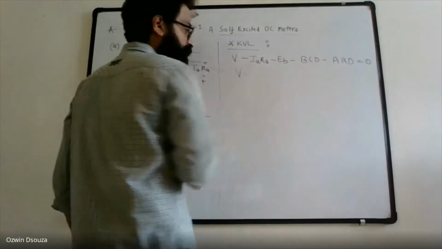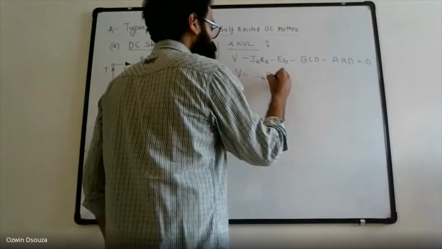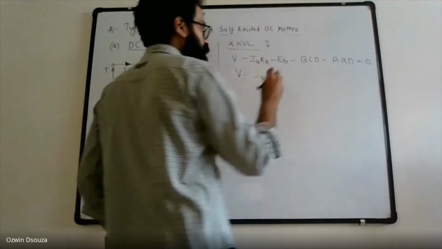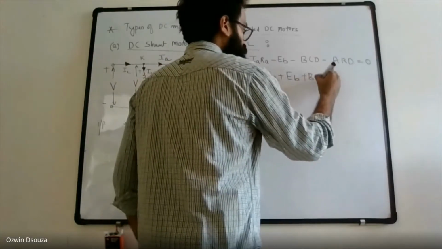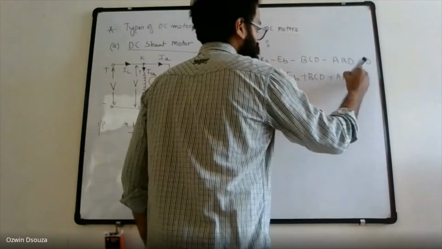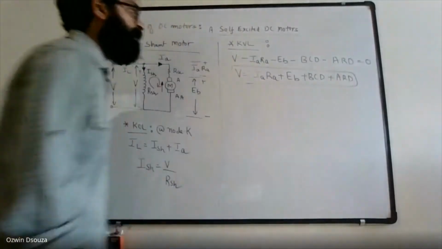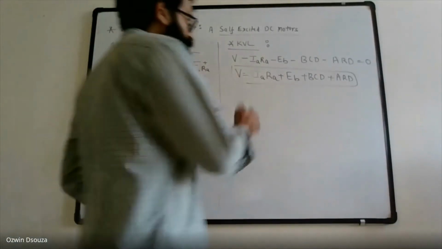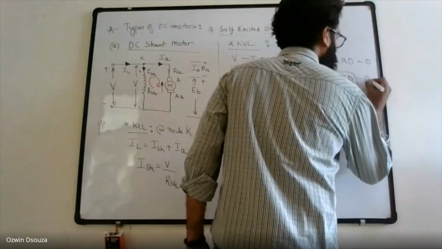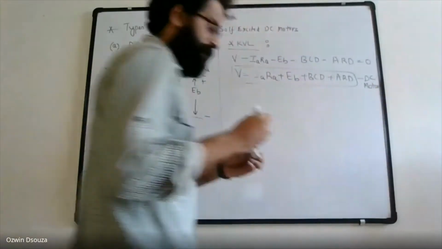Or the supply voltage V is equal to the various drops: armature resistance drop, the back EMF, brush contact drop, and armature reaction drop. So this is the voltage equation for the DC motor.